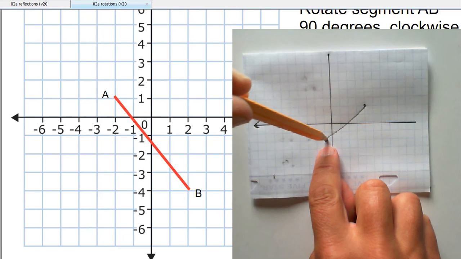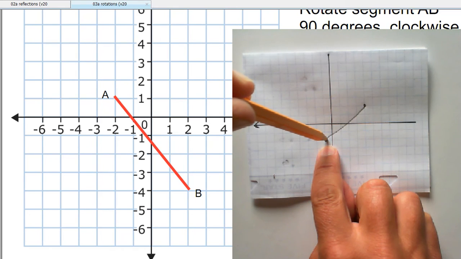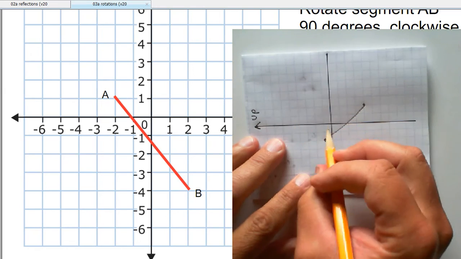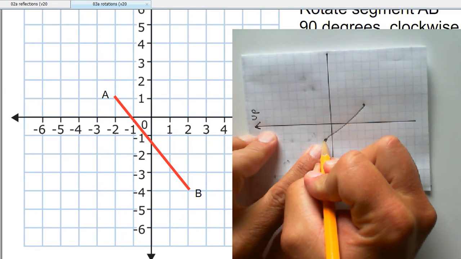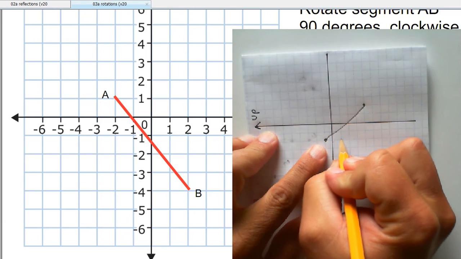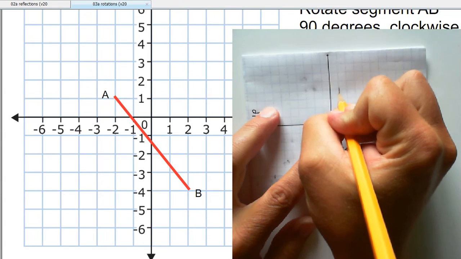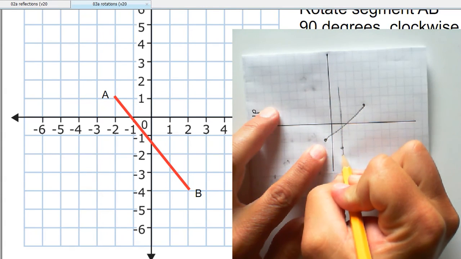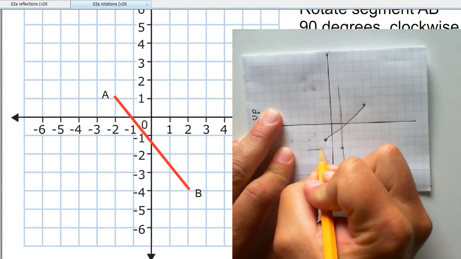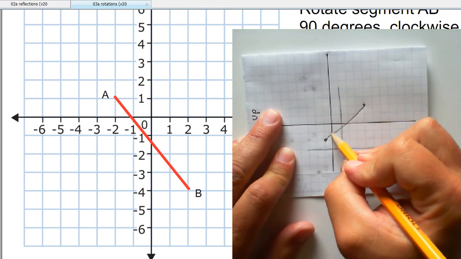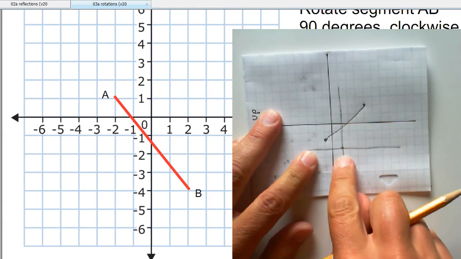And where is this point? Well, this point is still at -2, 1. So really what's happening is the coordinate system is moving. This is my new segment right here, using this coordinate system.